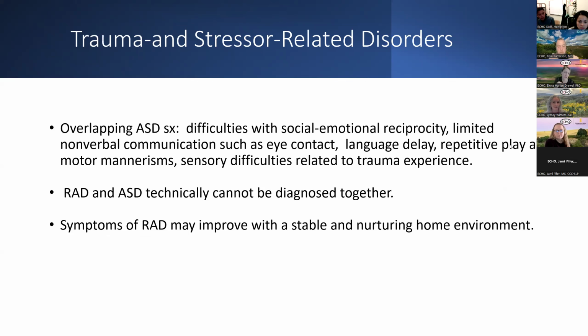Just important to note that reactive attachment disorder and autism spectrum disorder, based upon the DSM-5, technically cannot be diagnosed together. Usually with reactive attachment disorder, if the child is in a stable and nurturing home environment, their symptoms will improve over time.